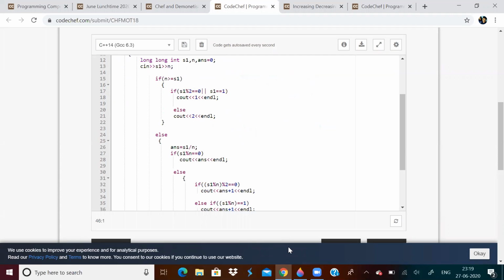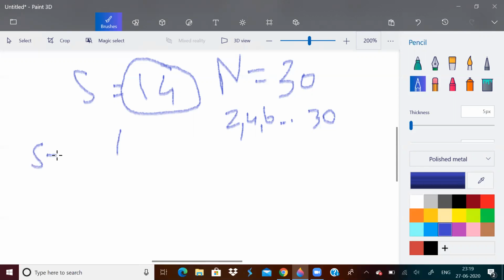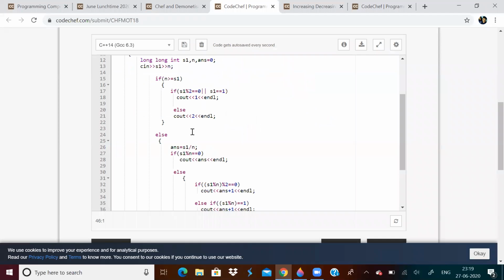For example, if s is equal to 15, you do not have 15 as a coin because all coins are even numbers. But you can sum two coins of value 14 and 1, right? So if it is an odd number, the answer will be 2. Remember, we are talking about when n is greater than or equal to s.